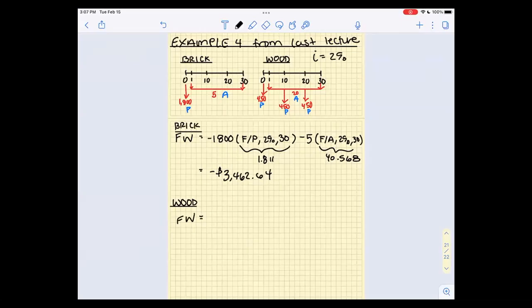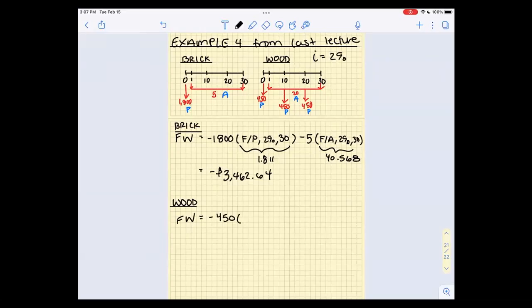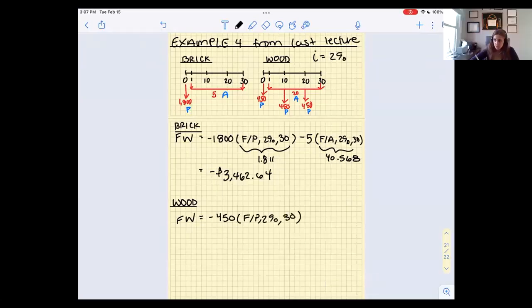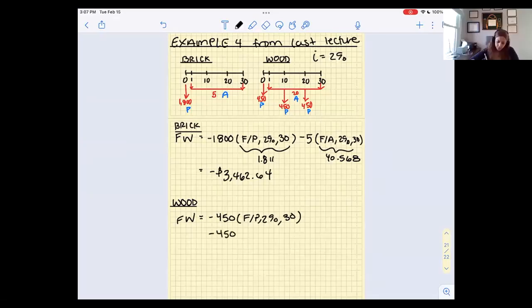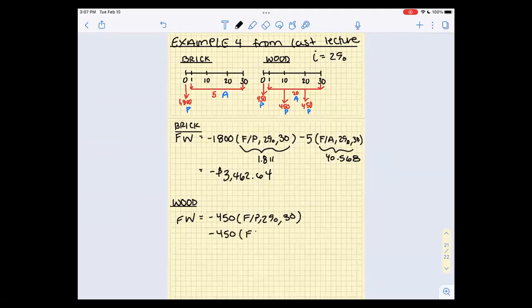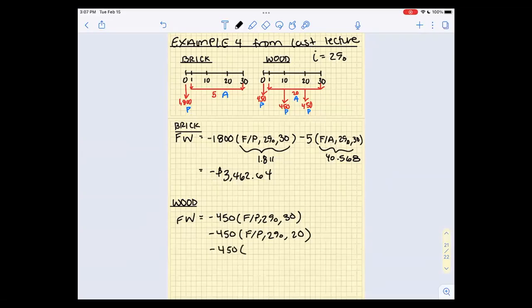Start with the 450, and then multiply it by F given P, 2%, and then 30. What do we do with the next 450? The same thing. How is it different? Is it going to be 20 years instead? Very good, because we only need to move it by 20 years to get it over to your 30. And how about the other 450? 10 years.